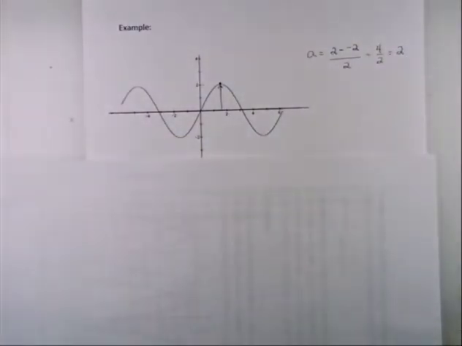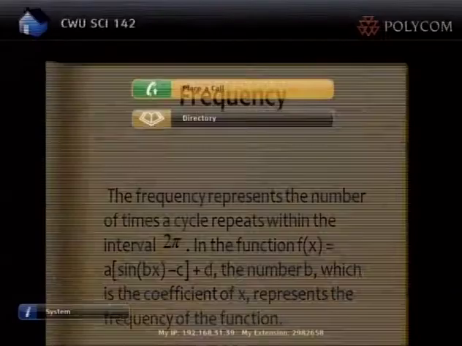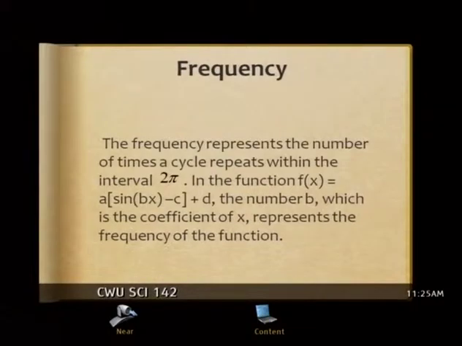So one part of this function that we're going to need to write sinusoidal functions, of course, is amplitude. A second part, let me give you another definition. Another thing that you need to know and understand is frequency. The frequency of a sinusoidal function represents the number of times a cycle repeats within the interval 2 pi.